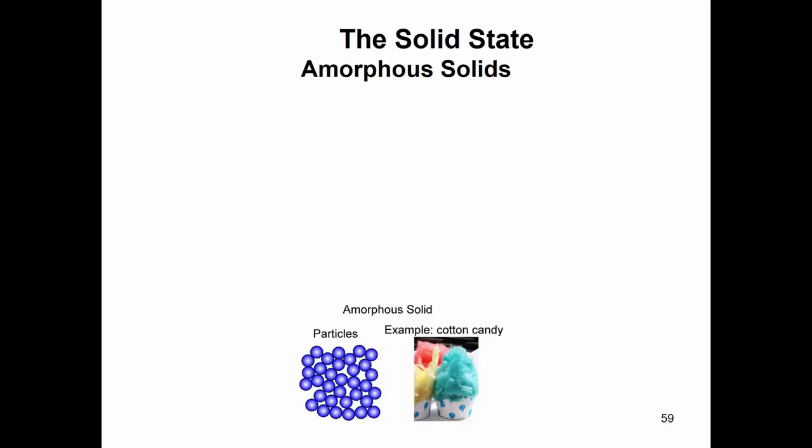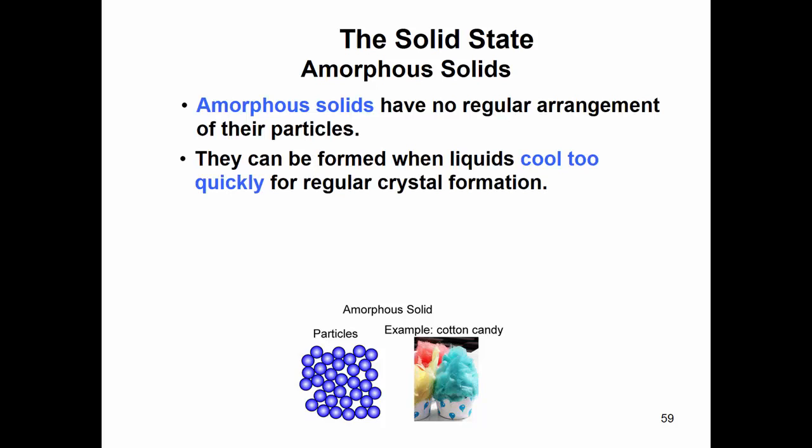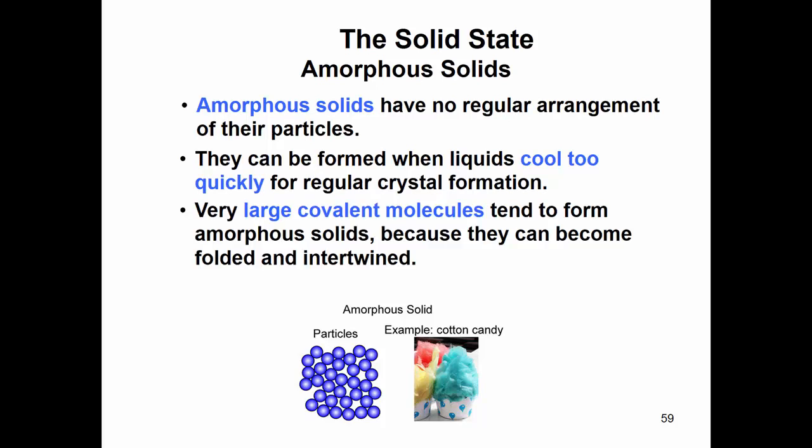An example of an amorphous solid I wanted to show real quick is, so here you see that the particles are not ordered and nicely organized as with our crystalline solids, and an example would be cotton candy. So that's kind of a neat example, but others are rubber, glass, plastic.